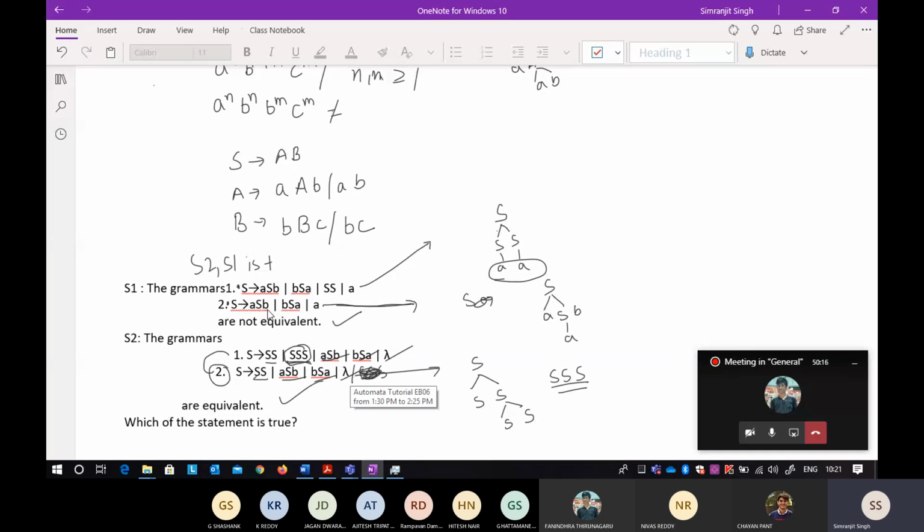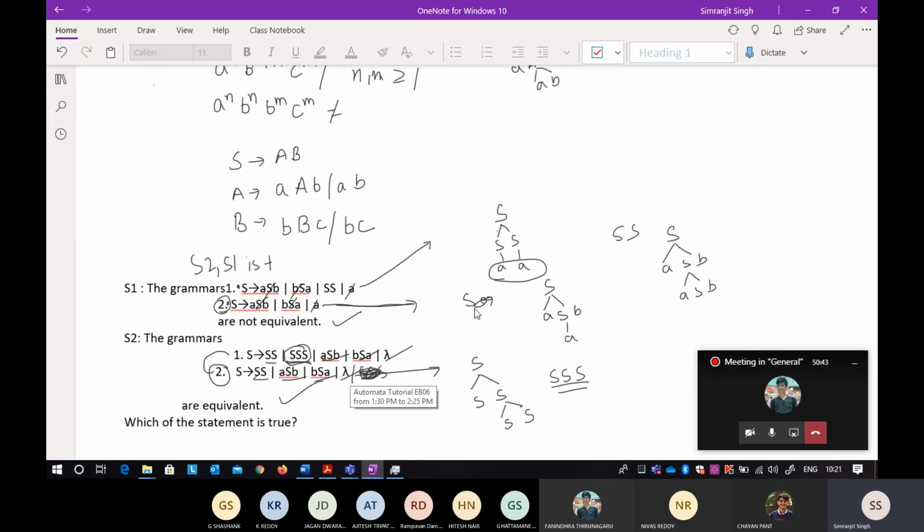Also, if you are seeing that this is equal, this is equal, this is equal, now can you derive double S from the second grammar? Only one string is not present here, that is your double S. So just try it. From S you can go to ASB and then you can go further.